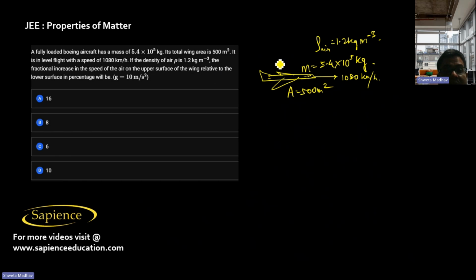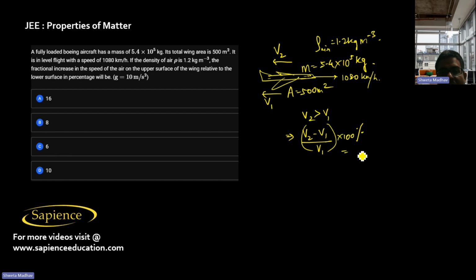So if the speed of the air on the upper surface is slightly higher, suppose V2, and in the lower surface the speed is V1, then V2 is obviously more than V1. The increase in the speed relative to the lower surface is V2 minus V1 by V1 into 100%.